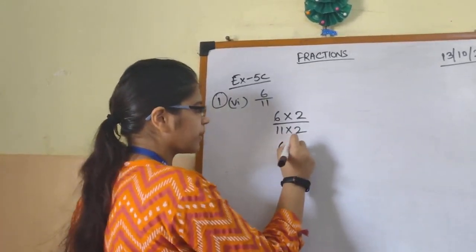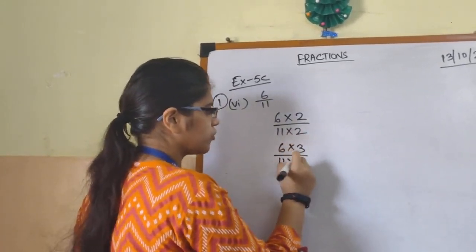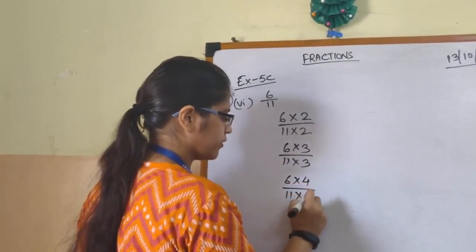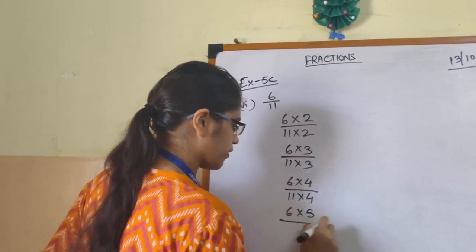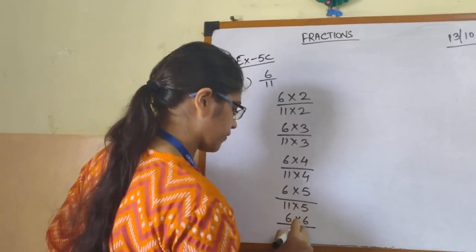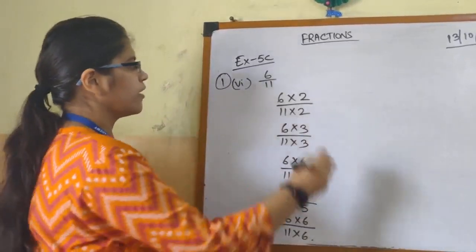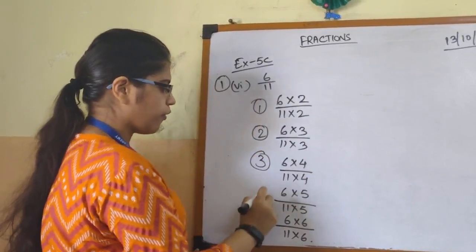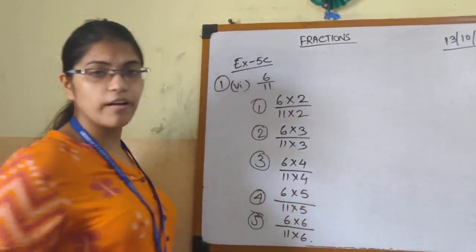So 6 by 11 multiplied with 2, then 3, then 4, then 5, and then 6. In this way we get a total of 5 equivalent fractions.